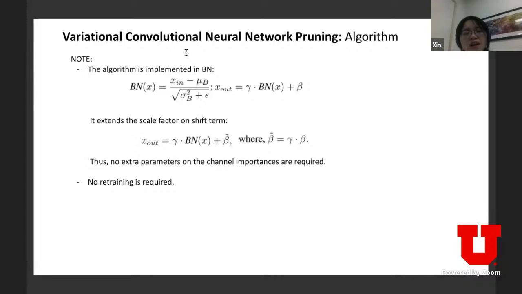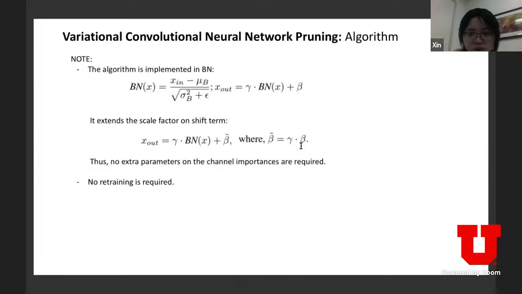Yes. Actually, one issue is that if your gamma goes to 0, you should make sure your beta goes to 0 as well. Yeah, that's a good observation. So it also extends the scaling factor to the shift term. Okay. So this is the modification on the batch normalization.